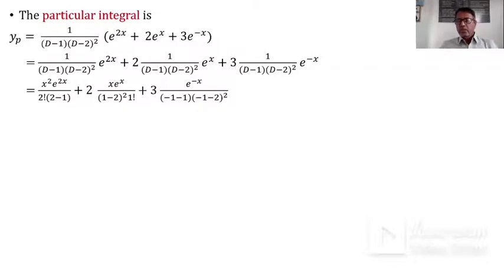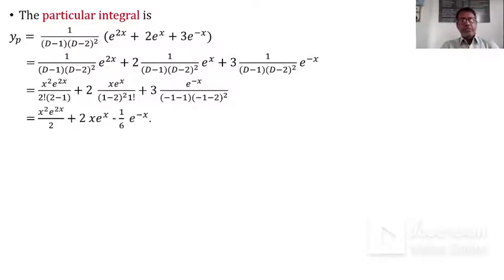Now, for the third term, the denominator is minus 1 times (minus 1 minus 2) square, minus 3 square is 9, and this times minus 2 is minus 18. 3 divided by minus 18, 3 gets cancelled, means we get minus 1 upon 6. The third term is e^(minus x) upon minus 6.